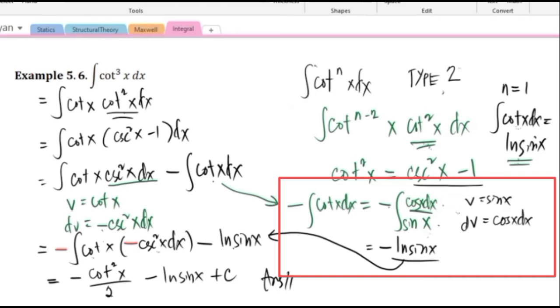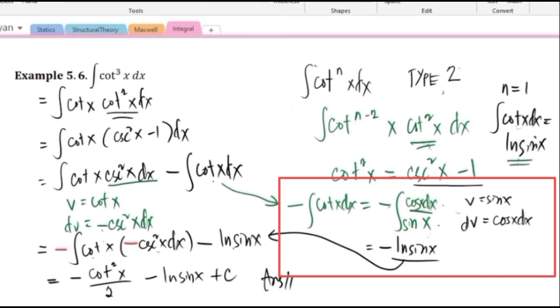So that's equal to integral of cosine x dx over sine x. And since our denominator is sine x, so let v is equal to sine x, and taking the derivative of that, dv is equal to cosine x dx. So since derivative na ng denominator yung nasa numerator, so it is just the ln of the denominator. So negative ln sine x.